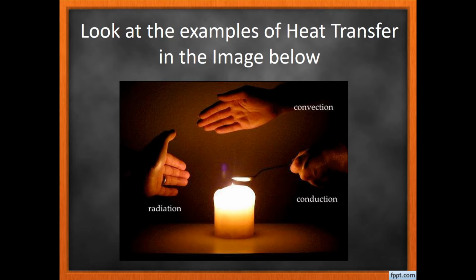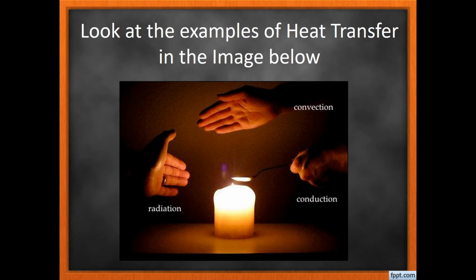So here's another example. The person up above is going to get a lot of the heat by convection. The air molecules next to the flame are going to heat up and go straight upward due to being less dense.